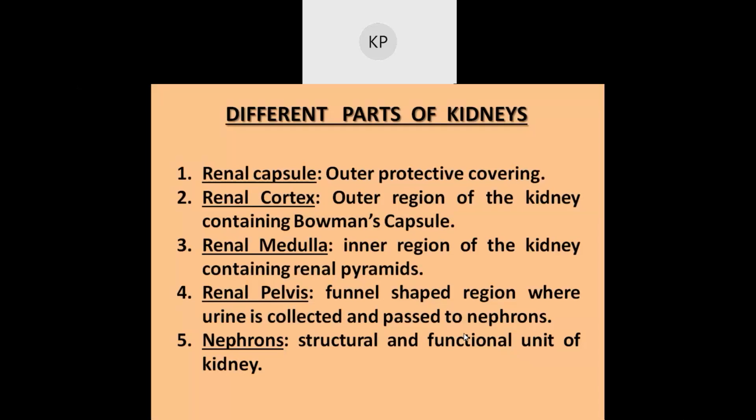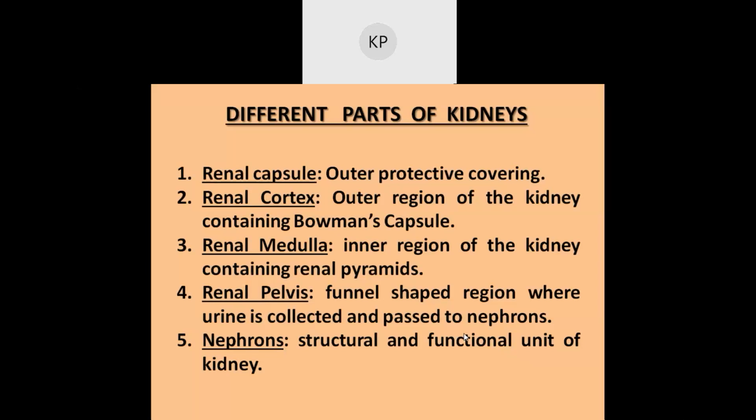Next is renal cortex. These are outer regions of the kidney containing Bowman's capsule. The cortex extends in between the medullary pyramids as renal columns, called columns of Bertin. Now, renal medulla. It is in the inner region of the kidney containing renal pyramids. Number 4. Renal pelvis.